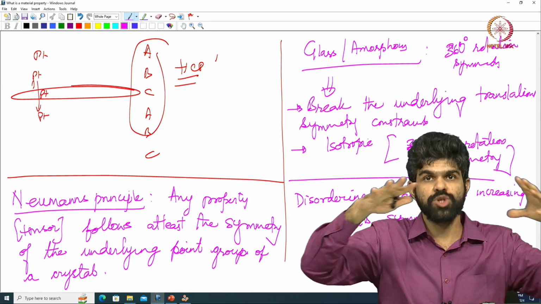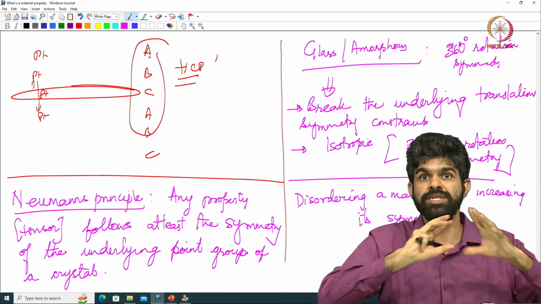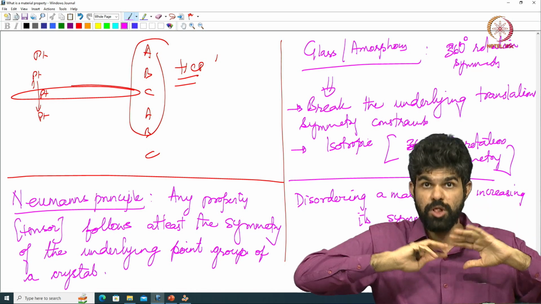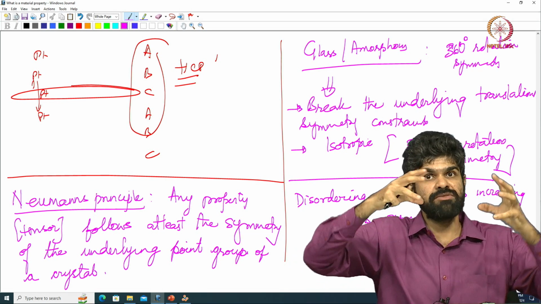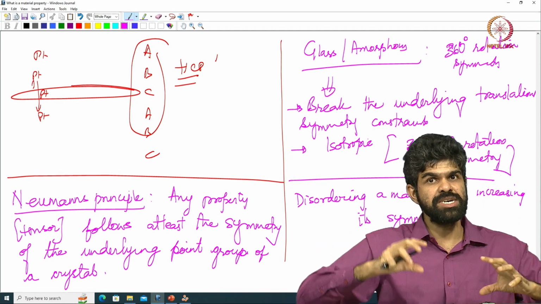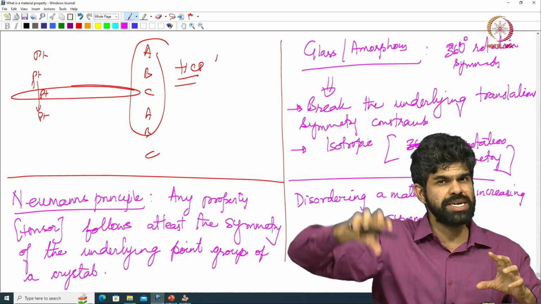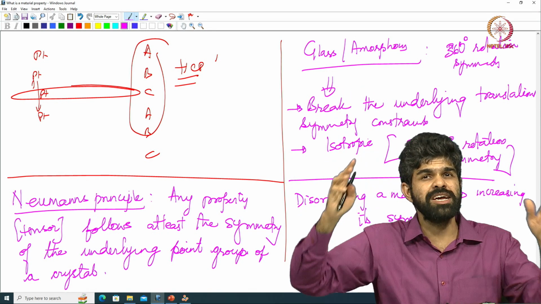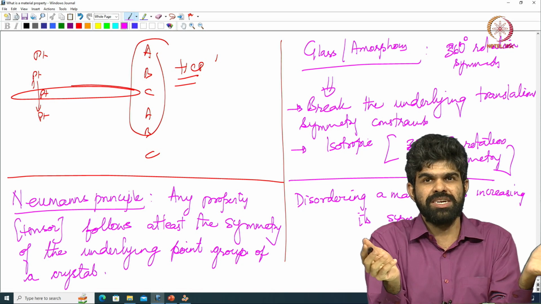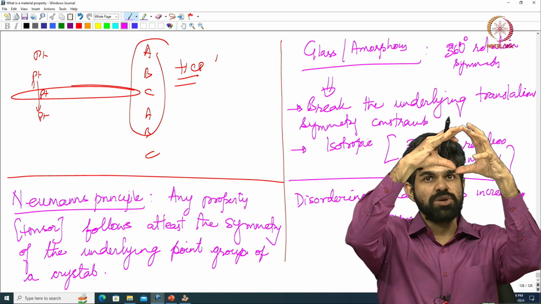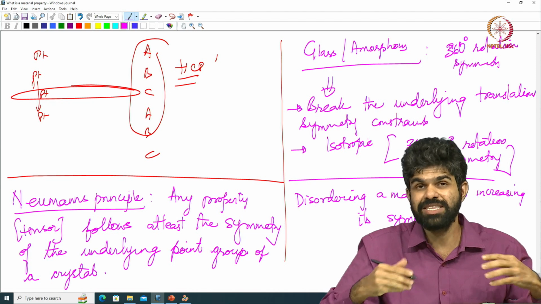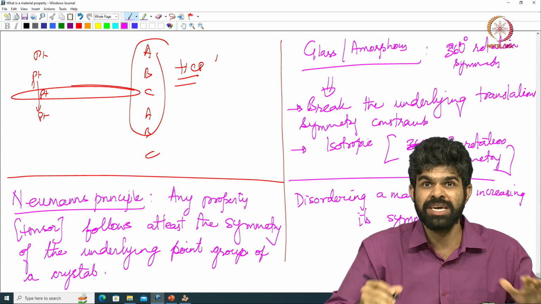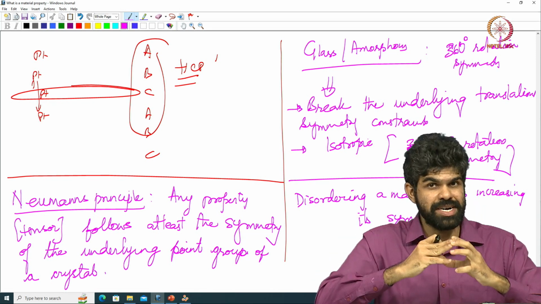The liquid phase is disordered, there is no long range order to the liquid phase. And then I suddenly quench it. When I suddenly quench it, the liquid phase becomes solid, but the structure does not have time to reorganize into a crystal. So the structure of the liquid will be frozen into your glass. That is glass making. So glass is a disordered solid.